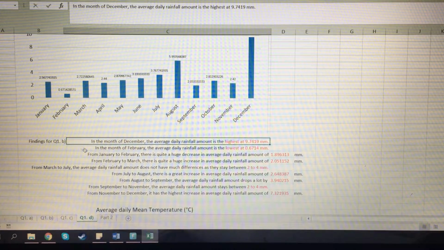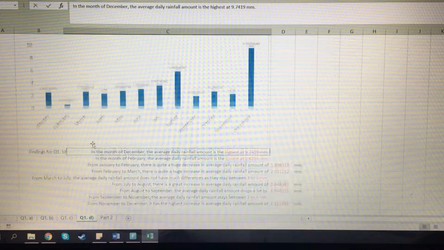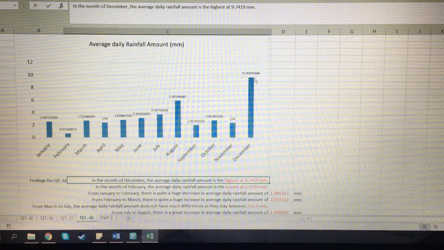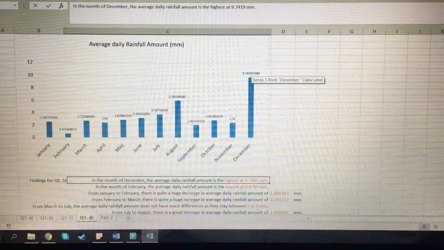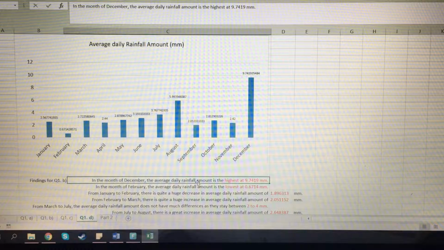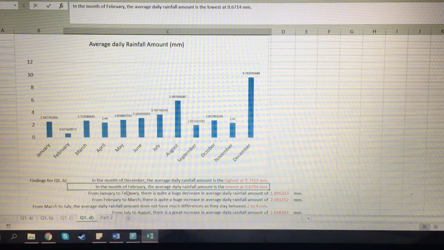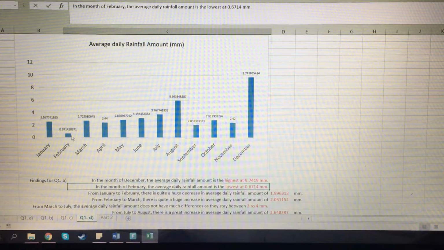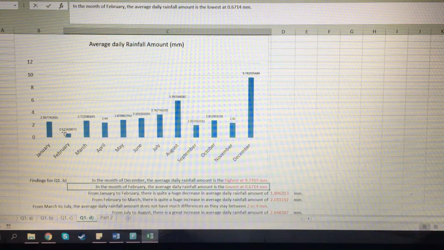So in this case, for example, as you can see, in the month of December, it has the highest daily rainfall amount at 9.7419 mm. Well, on the other side, February, as you can see here, is the lowest at 0.6714 mm.